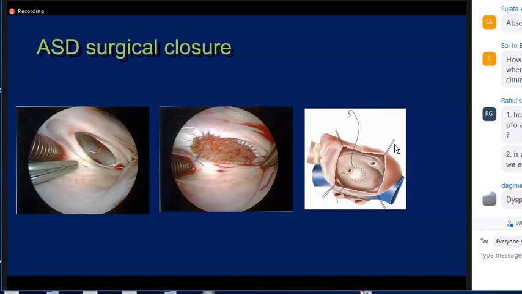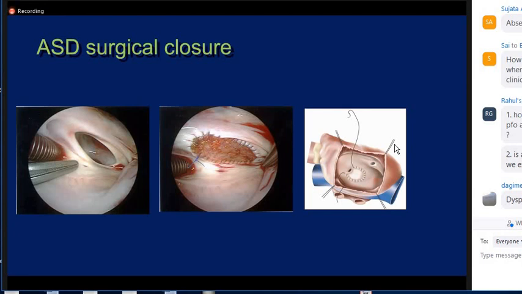A primum ASD can be closed above 1 year of age if they have associated mitral regurgitation. A common atrium, if the child has symptoms in infancy, should be closed. If asymptomatic, it can be closed above 1 year of age.